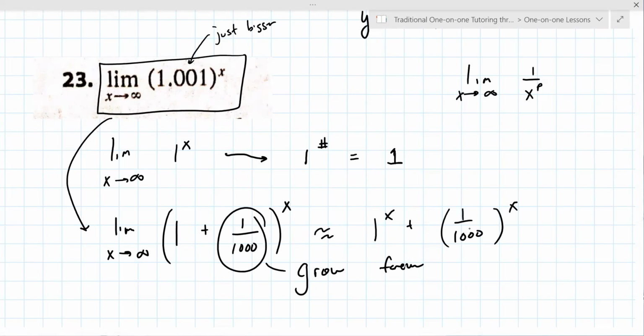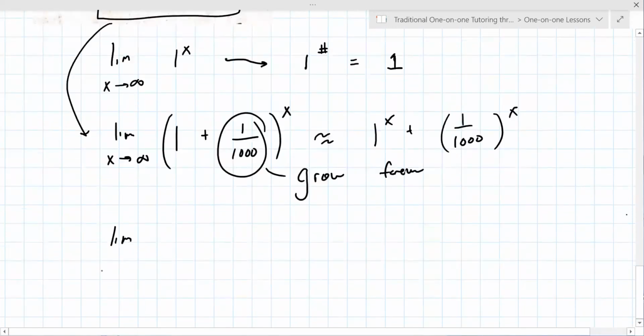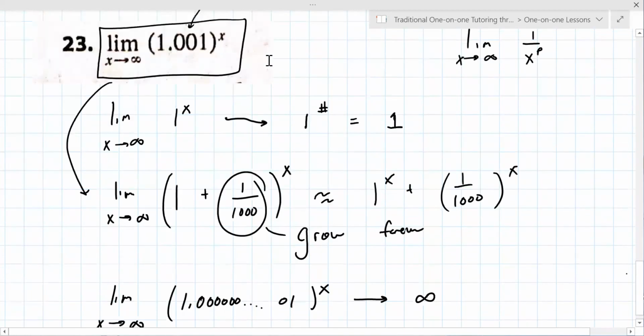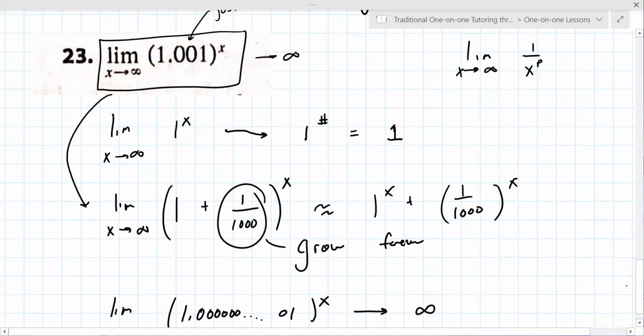So there's not really any work here. It's like a definition. Let's say I asked you the limit as x goes to infinity of 1.000000001 to the x. This also goes to infinity. They all go to infinity if the base is not 1.